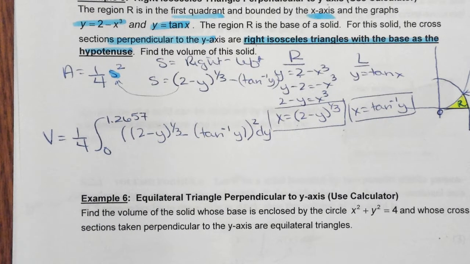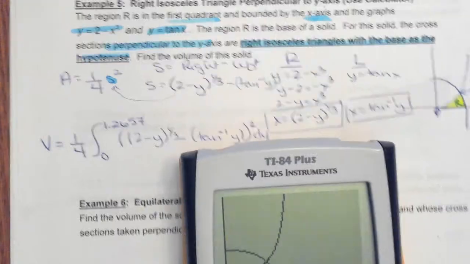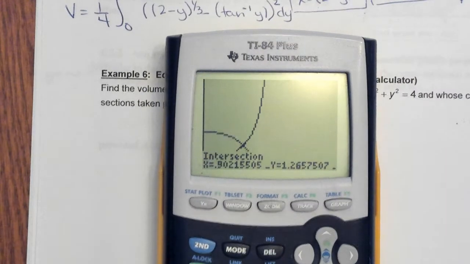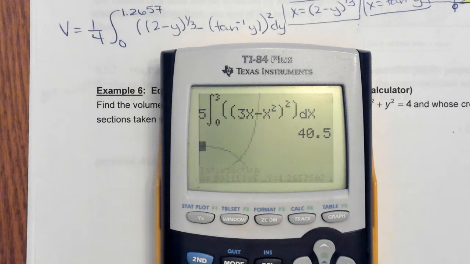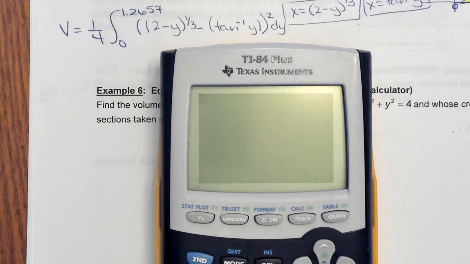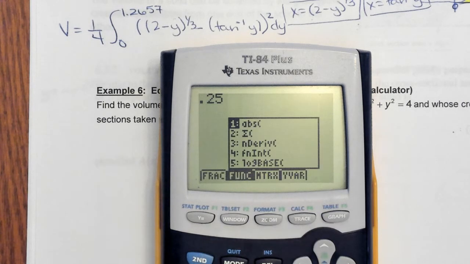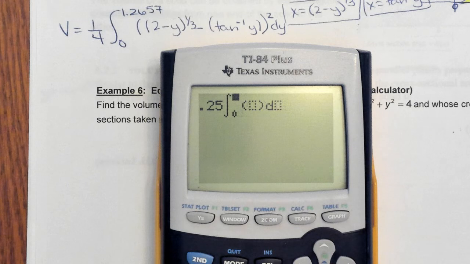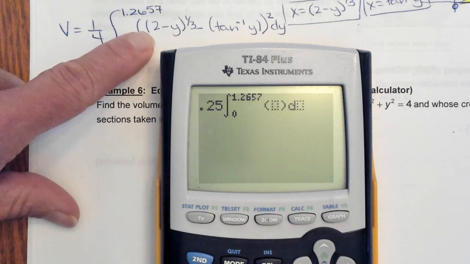So now what I'm going to do is plug this into the calculator, just exactly as I see it. So I need to go into my home screen. Let's see, 0.25 times the integral from 0 to 1.2657, and then I need to be careful when I'm typing here.